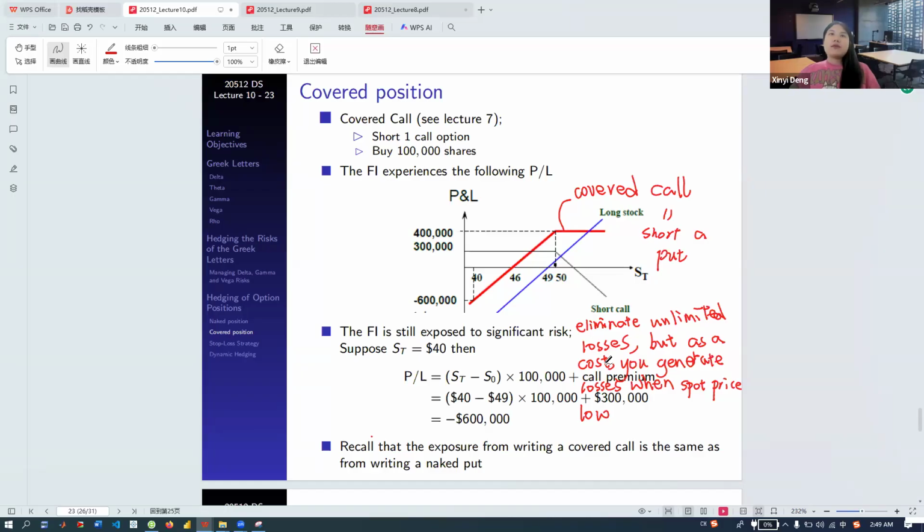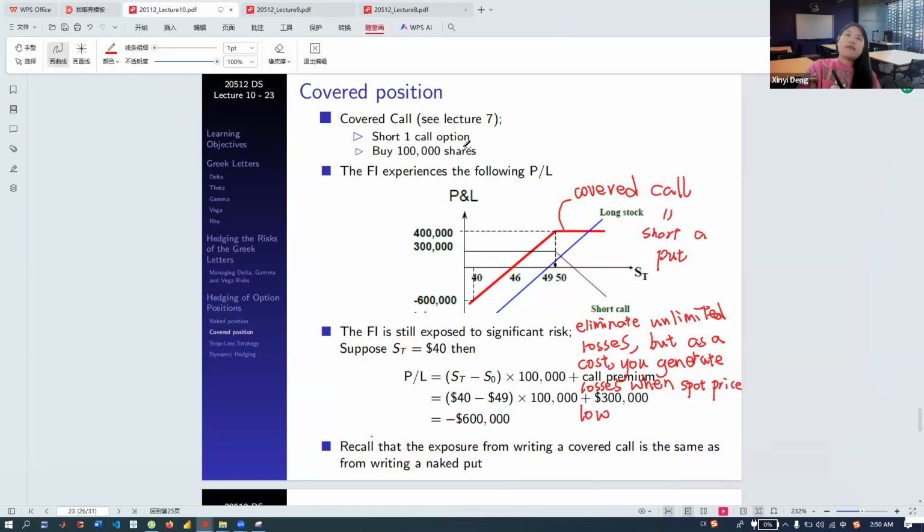So we're just generating a covered call by longing the underlying asset. Also, if you recall from the previous lectures, a covered call is going to have a profit and losses similar to the shape of shorting a put.